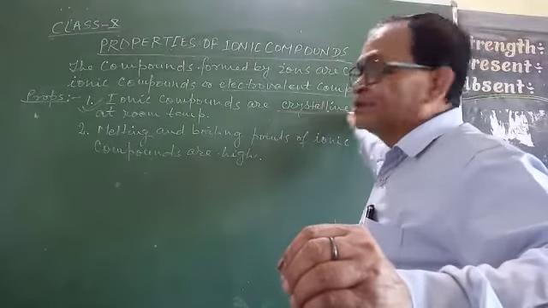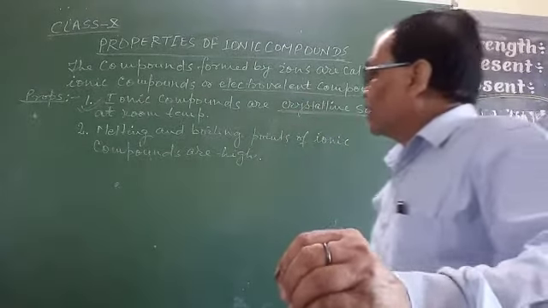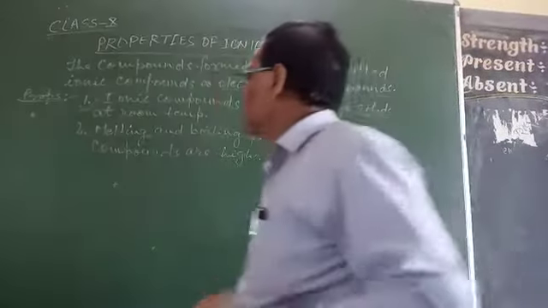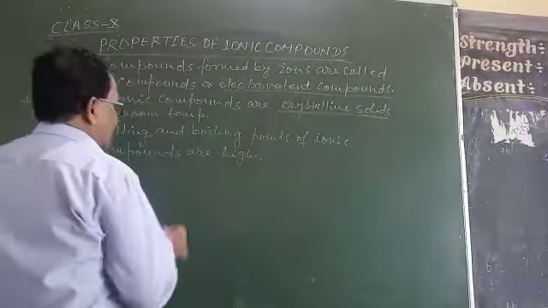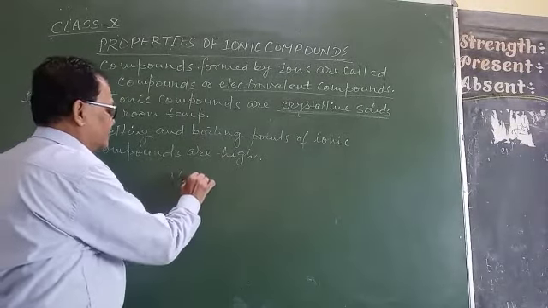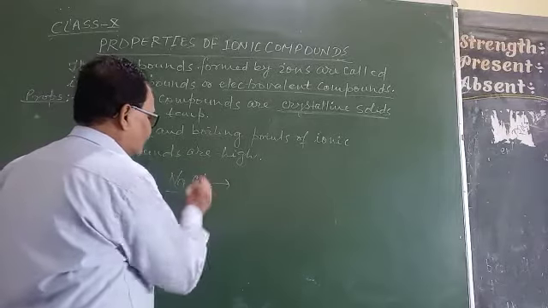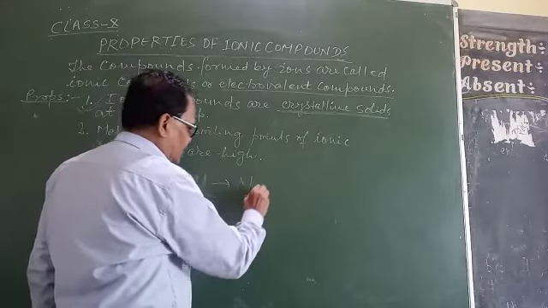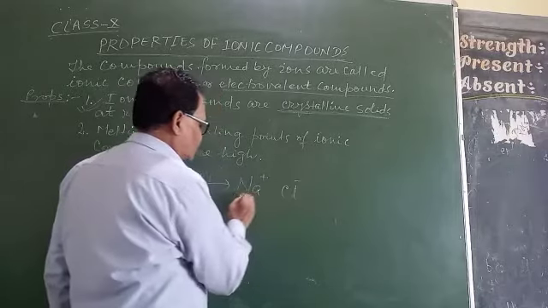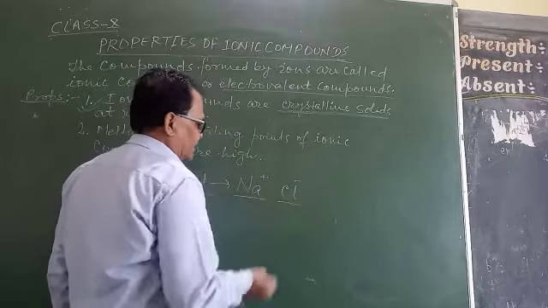This is due to the reason that ionic compounds are made up of ions. For example, NaCl, sodium chloride, is made up of two ions, sodium ion and chloride ion.